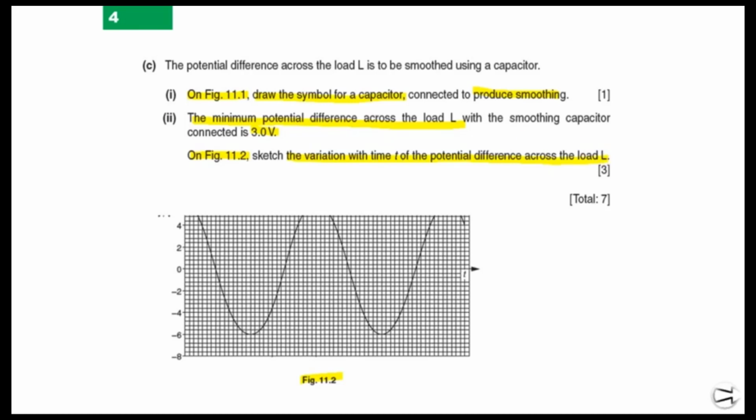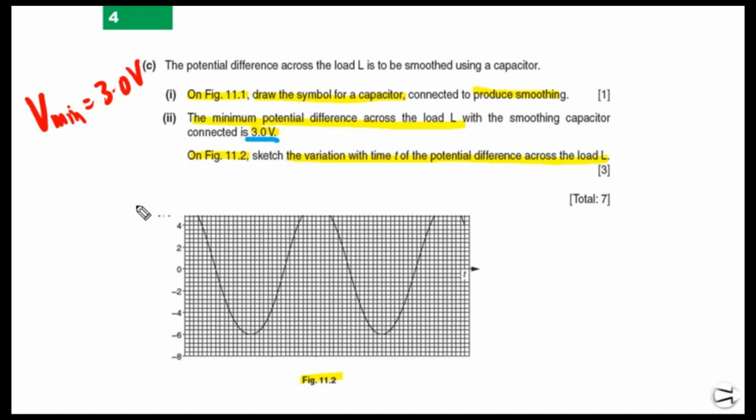To answer this question, the first thing we need to understand is that the minimum potential difference is given to us, across the load. So the first thing we can say is that V minimum across the load is 3.0 volts.